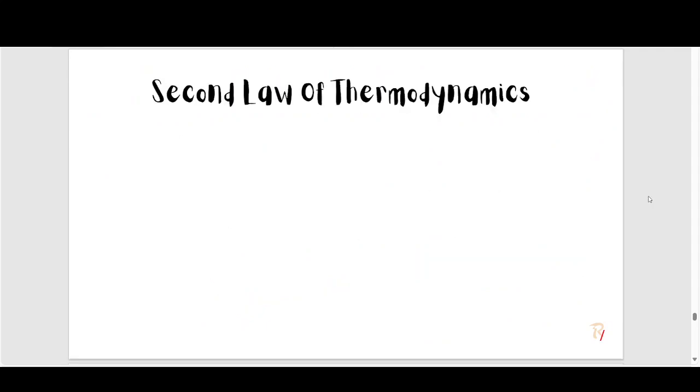Okay, coming to the second law of thermodynamics. Simply, the second law of thermodynamics tells about the spontaneity of a process.